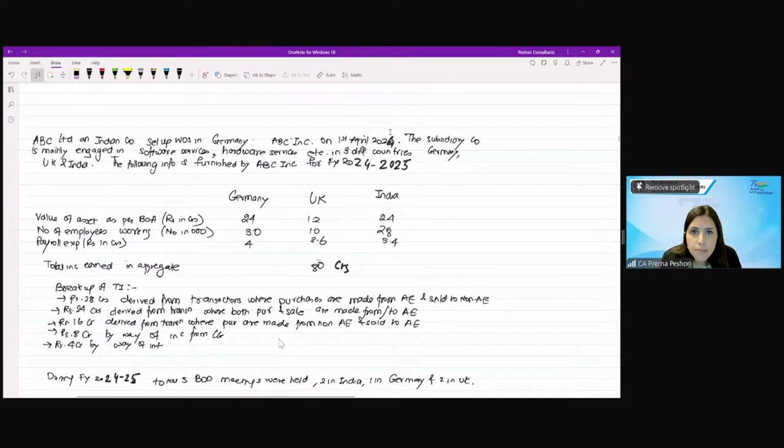Twelve crore, Jini. So 28 crores are derived from the transactions where purchase are made from A and sold to non-A.